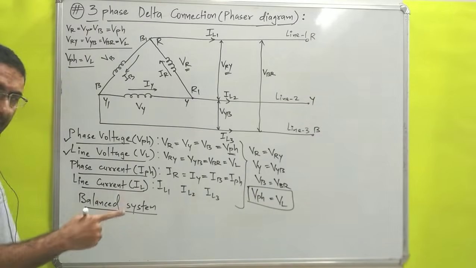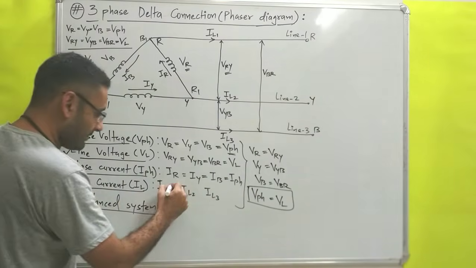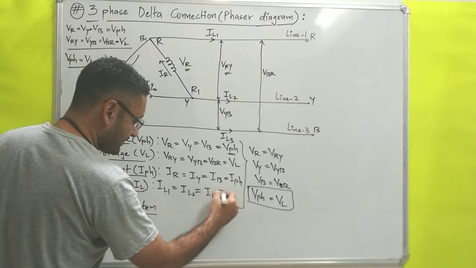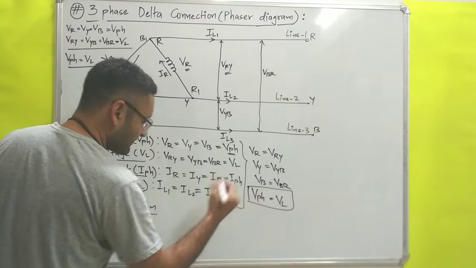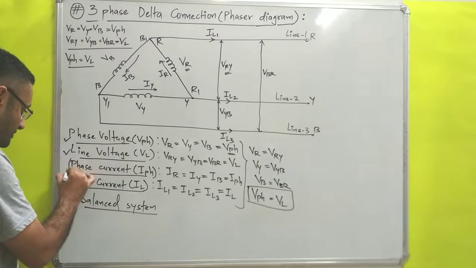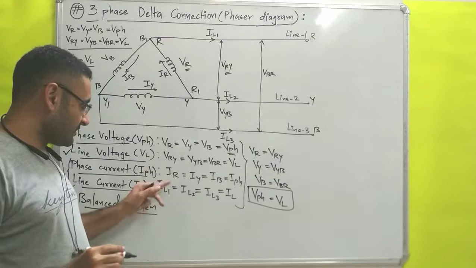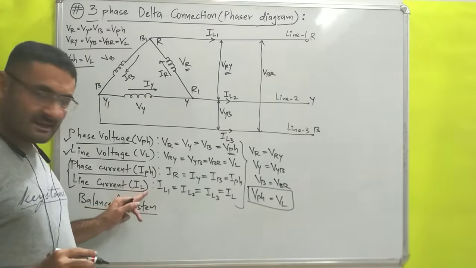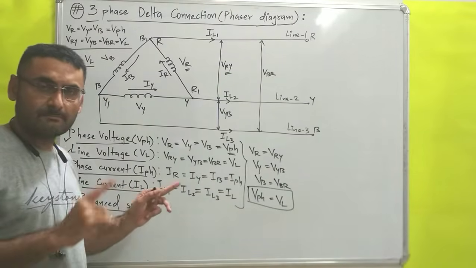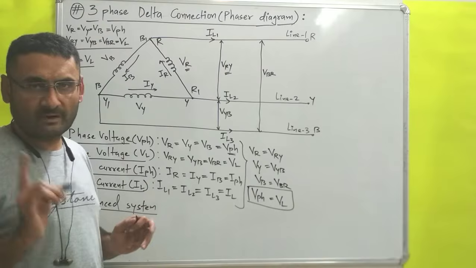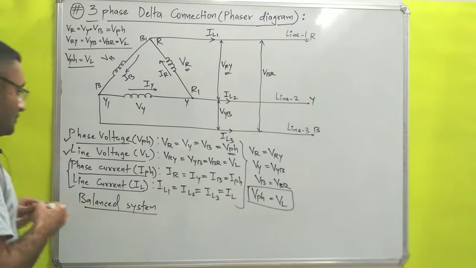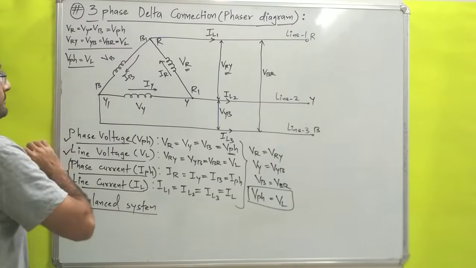And the line currents are also equal for the balanced condition, so IL1 is equal to IL2 is equal to IL3 is equal to IL. Now this is the most important condition. Also we know that for the balanced system, the phase currents and line currents are placed at equal phases of 120 degrees. That is another important result.